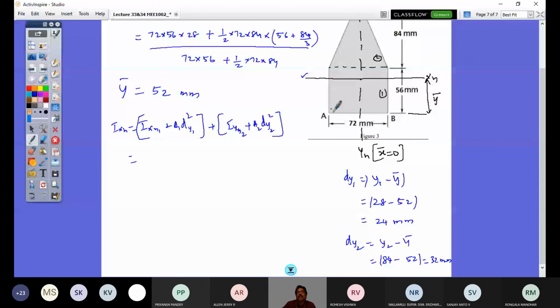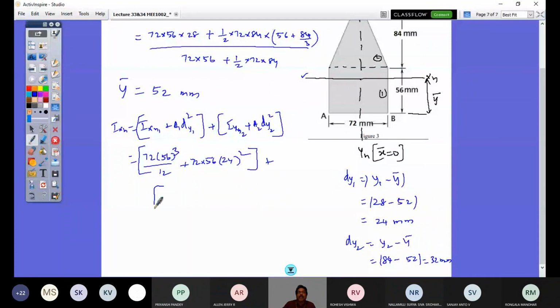IXG1 is for a rectangle, you know about its central axis, bd cube by 12. So b here is 72 into 56 cube by 12 plus 72 into 56 into the distance dy1, 24 square. This is the moment of inertia of the rectangle about the xg axis, plus that of the triangle about the xg axis.